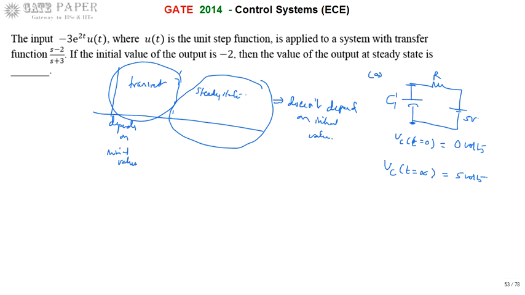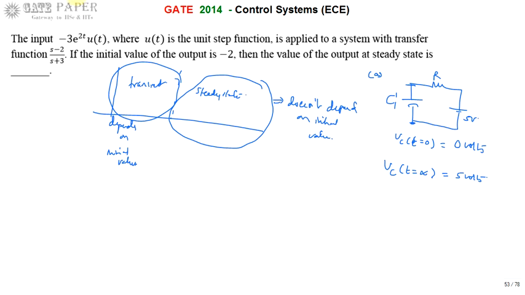So when you allow more than 5 time constants, at t = infinity under steady state, it has reached the final value of 5 volts.